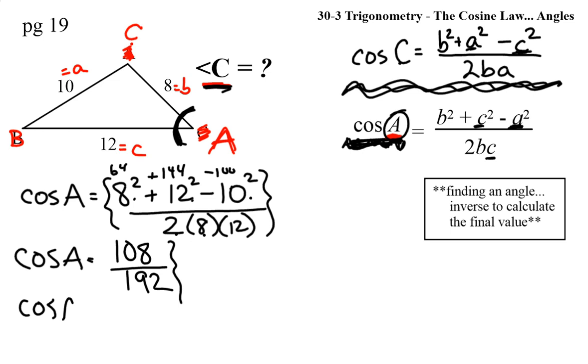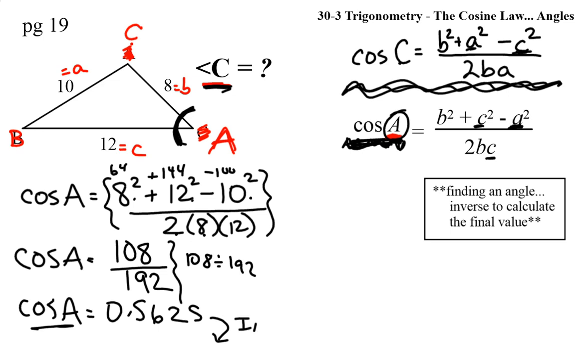Turn it into a decimal. 108 divided by 192. We end up with 0.5625, four decimal places. That's our cosine value. So like we've talked about, inverse, second function, whatever your calculator is, cosine.